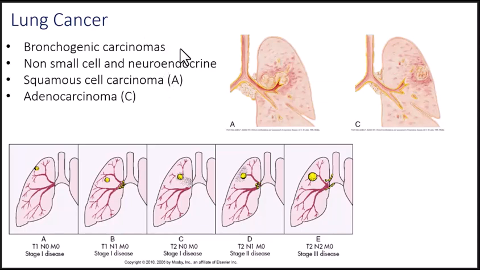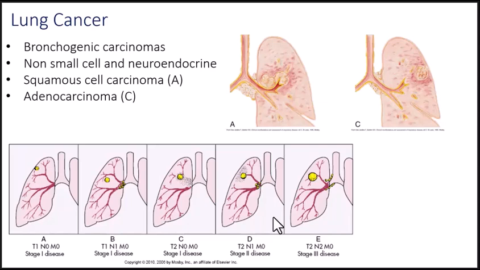The most common cause, which won't surprise you, is tobacco smoking, and approximately 10 to 15% of active smokers will develop lung cancer. Now, the development of lung cancer involves a multi-step process of genetic, epigenetic, and environmental interactions that result in dysregulation of things such as our oncogenes and tumor suppressor genes, where we activate these cancer-related signaling pathways.